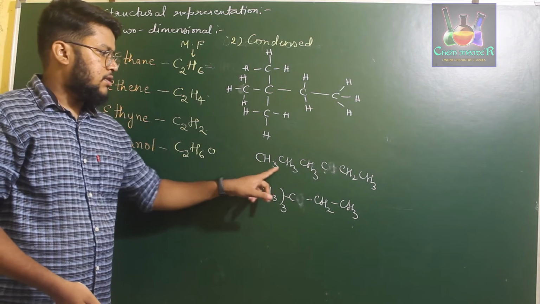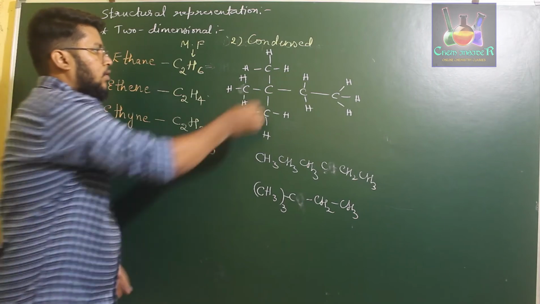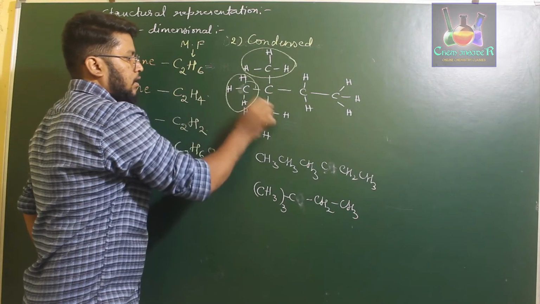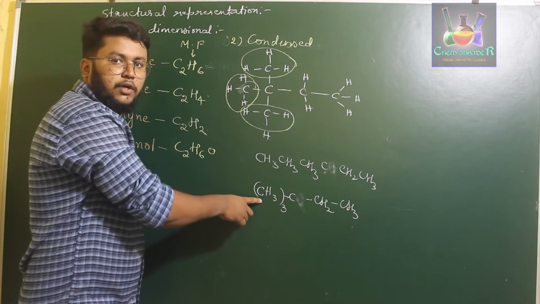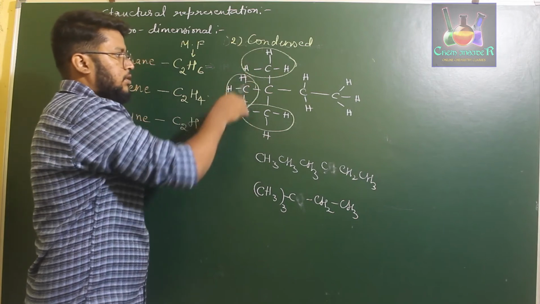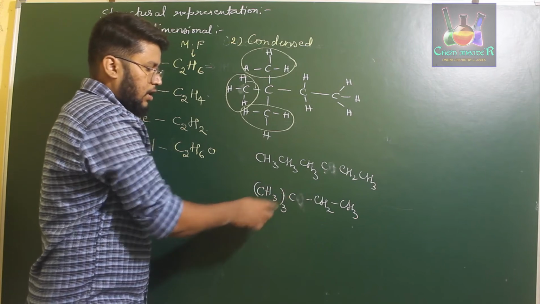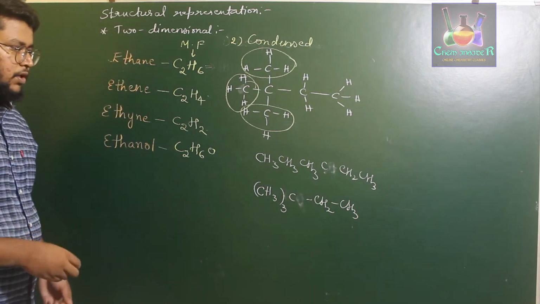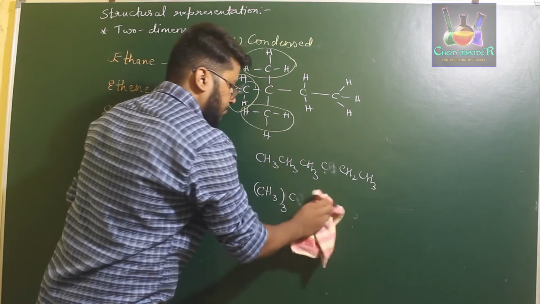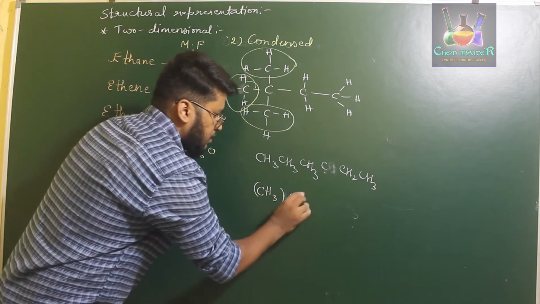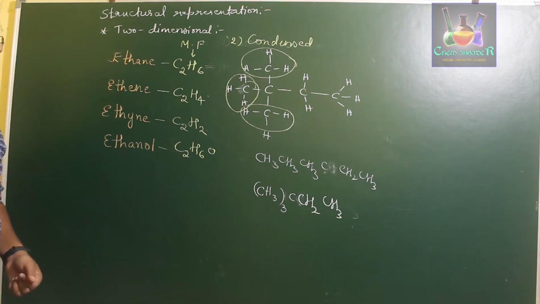Instead of writing CH3, CH3, CH3, C, that is three CH3 groups, one over here, one over here, and one over here, you need to write the subscript 3, that is the number of similar groups attached to that particular carbon atom. So in this way, you can indicate the condensed form. And further, you don't have to write this CH2 and single bonds. You can directly write C, CH2, CH3. So this will be the condensed form structure.